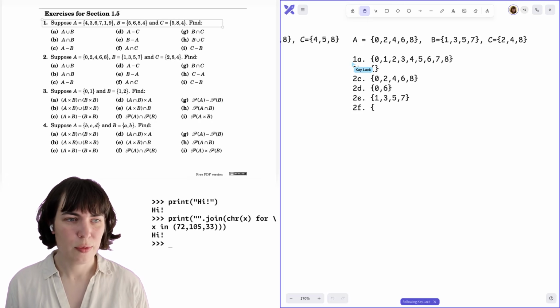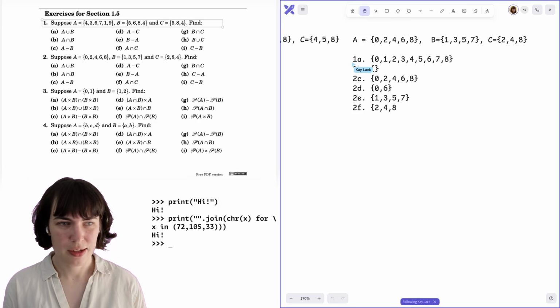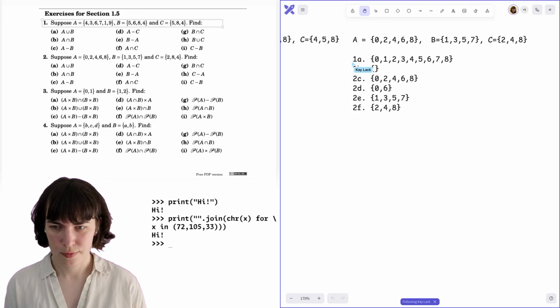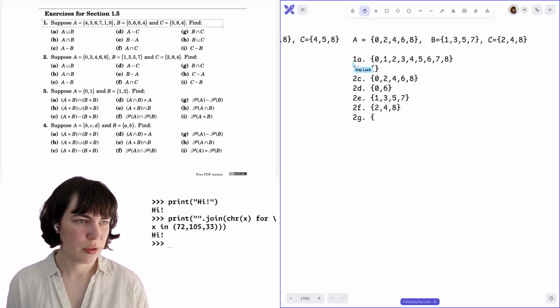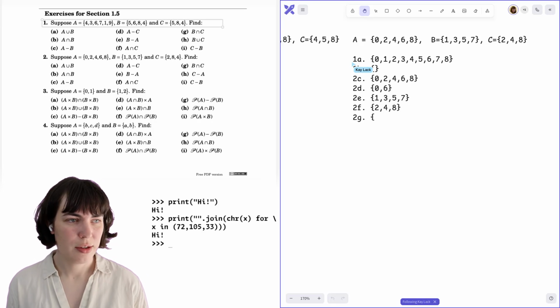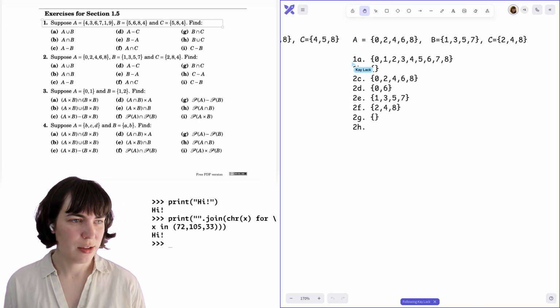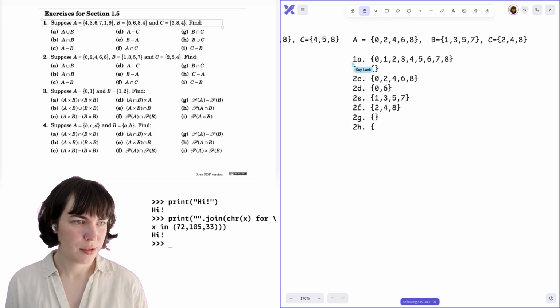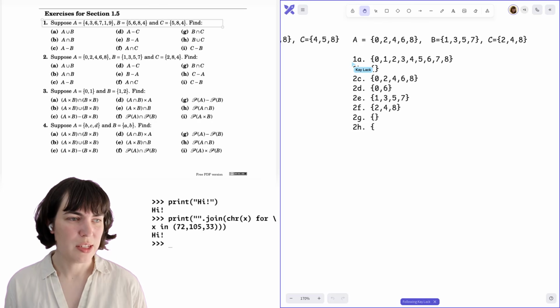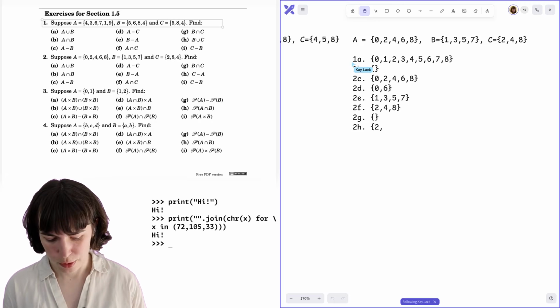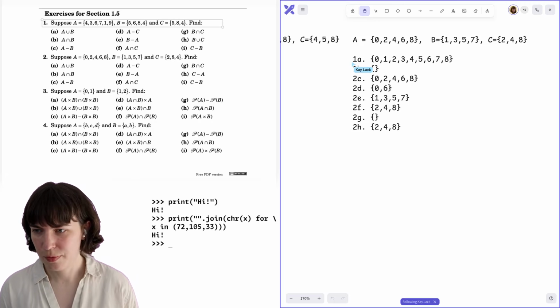A intersection C, that's just going to be 2, 4, 8. 2G, we've got B intersection C, that's just going to be nothing. 2H, C minus B. Everything that's in C which is not in B, so that's just going to be 2, 4, 8. Okay.